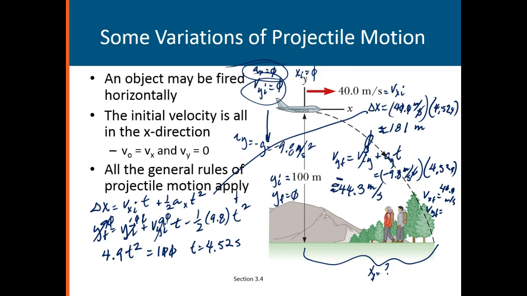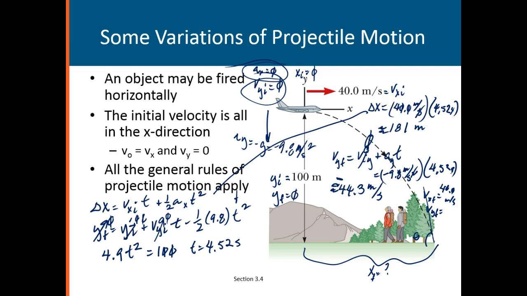Now, the C part says, what was the angle of impact? We're looking for basically this angle right here. Now, I'm not saying their drawing is all that great, but that's the angle we're looking for. Okay? What would help us determine that angle?